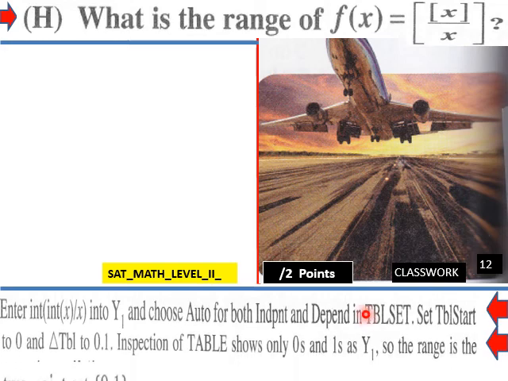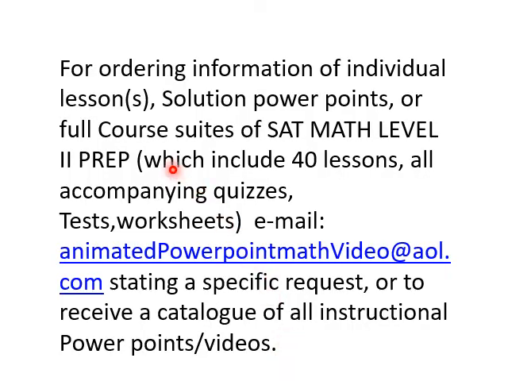Set table start to 0 and delta table to 0.1. Inspection of the table shows only 0s and 1s as Y1, so the range is the 2-point set of 0 and 1. So this would be an example here of finding the range of this function using your calculator.